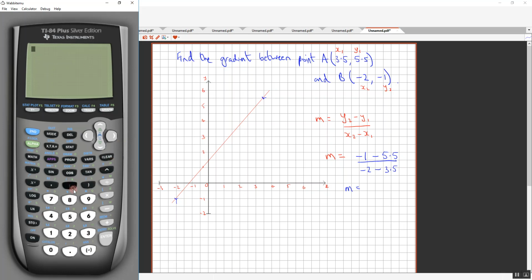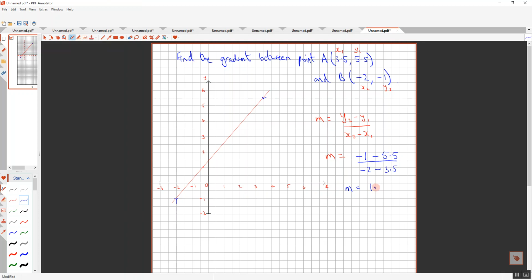We can use brackets. So I've got -1 take away 5.5, close brackets. I just realized I didn't put the dot in, there we go. That's divided by brackets -2 take away 3.5, and close brackets, and we get 1.18 recurring.